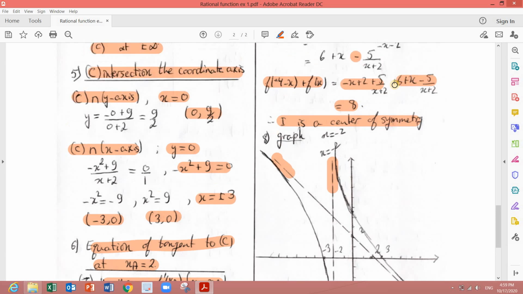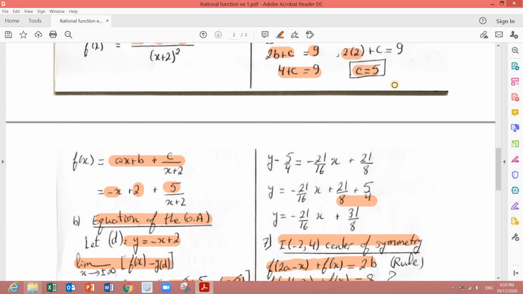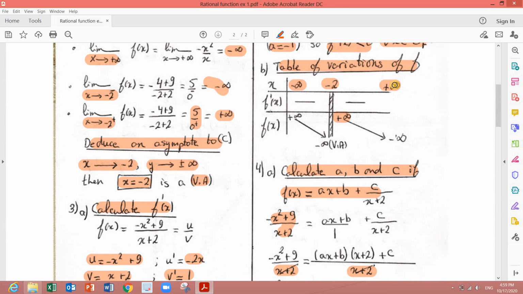If we go back to the table of variations, we notice that we don't have extremums, maximum or minimum. Since we have decreasing, we have 2 branches. The first branch is decreasing from minus infinity to plus infinity till minus 2, minus infinity.